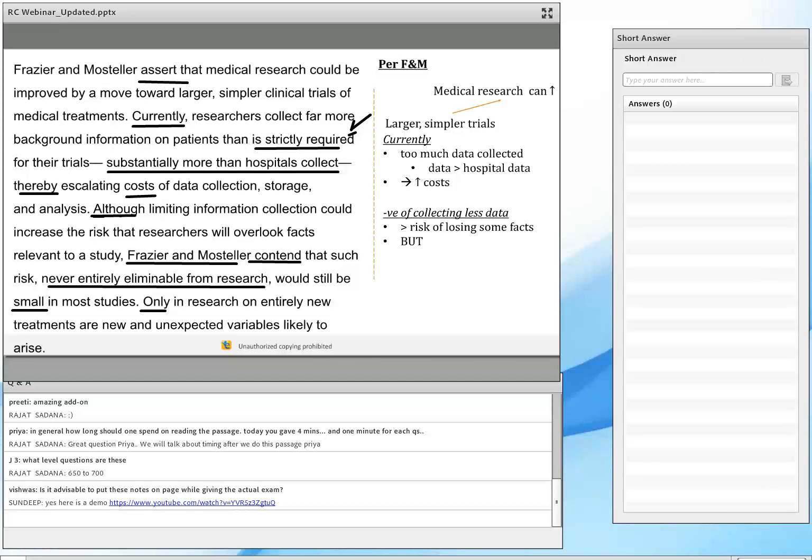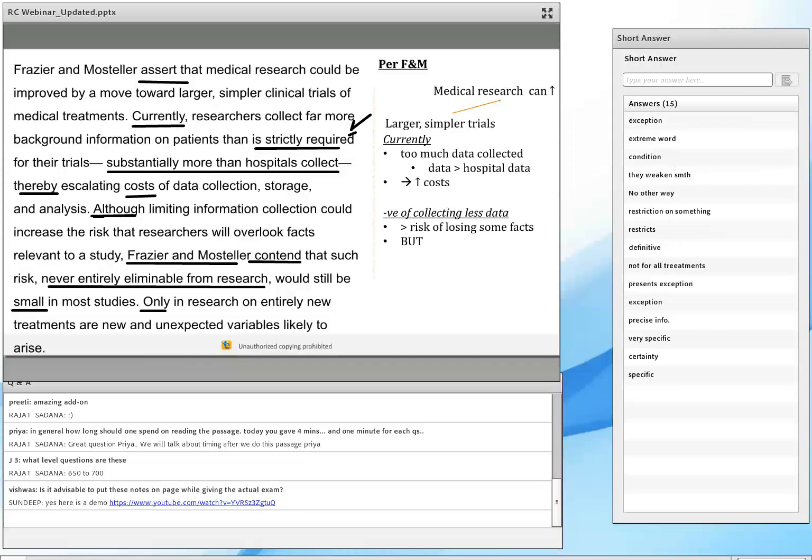Why is only, or just, very important? Why are they really important keywords? It's an exception. Yes. What else? It's an extreme word. Yes. It's a precise piece of information. Now, whatever you're saying is correct, but it's not complete.